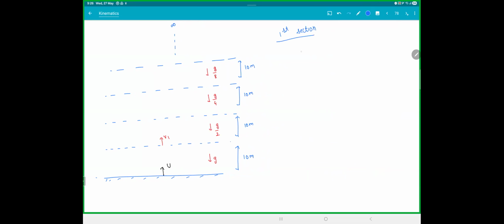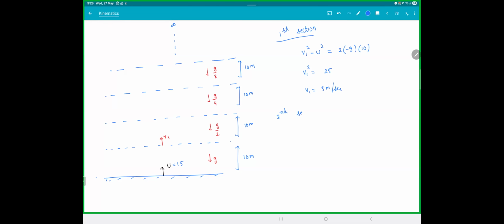Apply the formula v square minus u square. So final speed is v1 square, initial speed is u square, 2, gravity is minus g, and this is 10. So this would give you v1 square. u is 15, that's 225, minus 200, that is 25. So v1 is equal to 5 meters per second. Great. Meaning you did cross the first section.